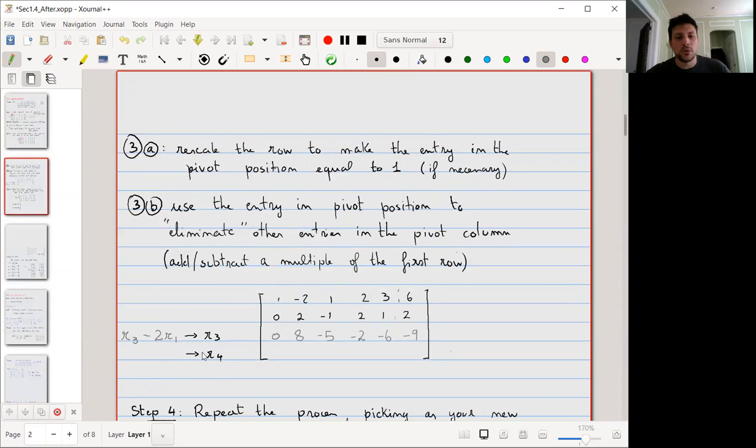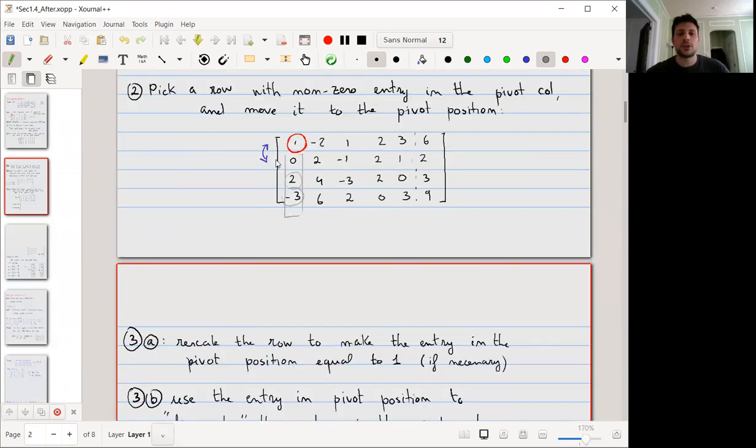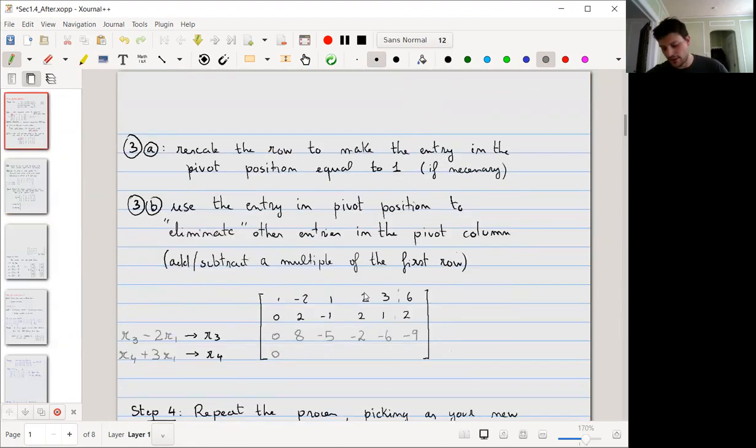I will take the fourth row and replace it by itself plus 3 times the first row. I'll just write down the solution, but I encourage you to check that that's what you get when you take this fourth row and add 3 times the first. The numbers you get are the following. You get 0, 0, 5, 6, 12, and 27.